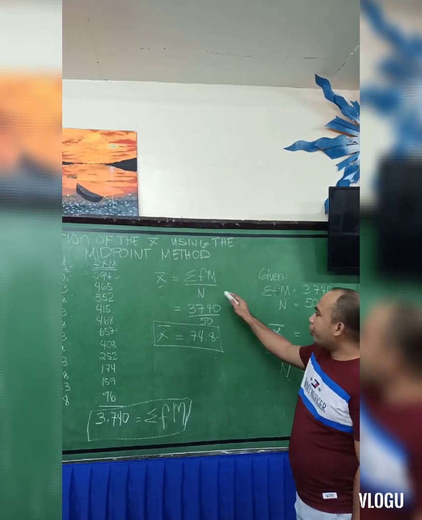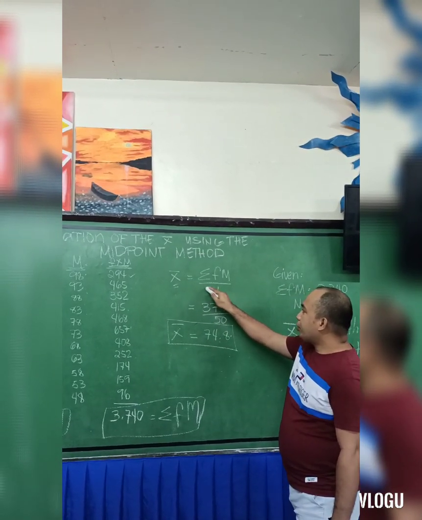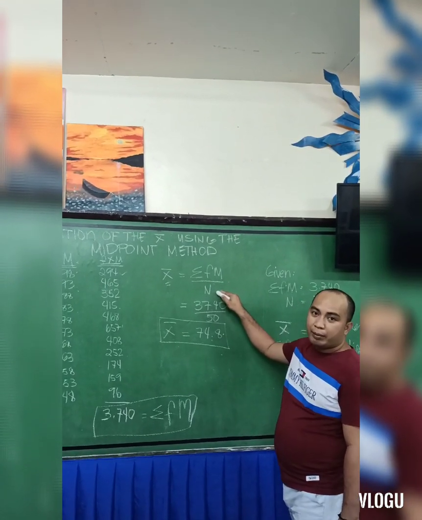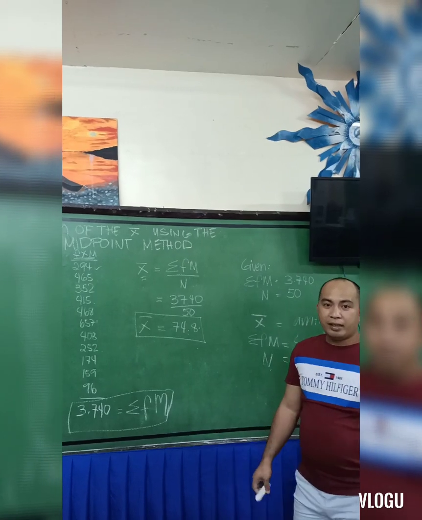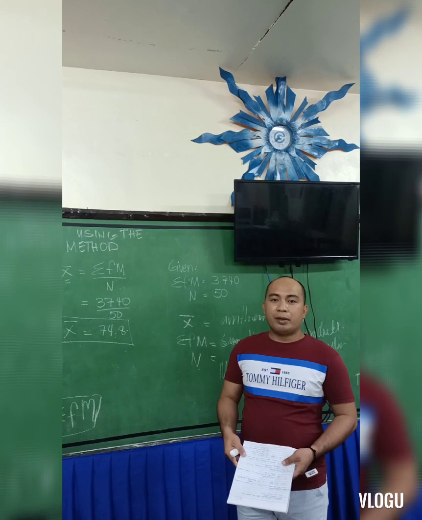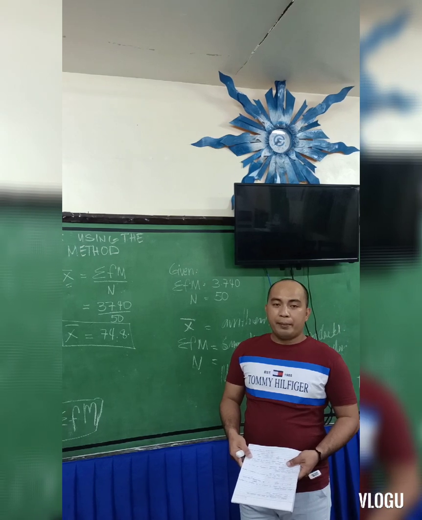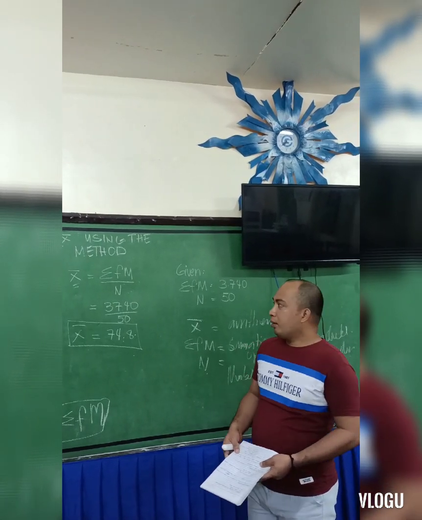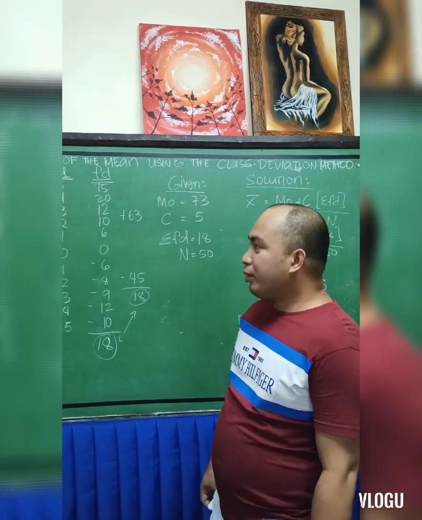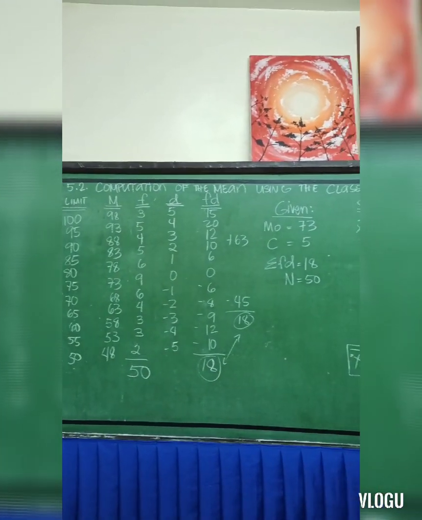And don't forget the formula: the arithmetic mean is equal to the summation of the product of frequency times the midpoint divided by the number of cases. Okay, so that is our example number 1 using the first method, which is the midpoint method.